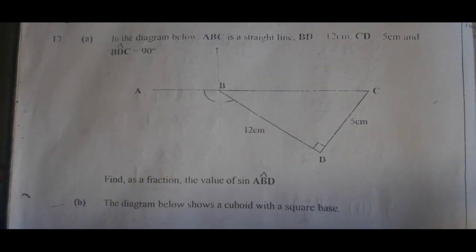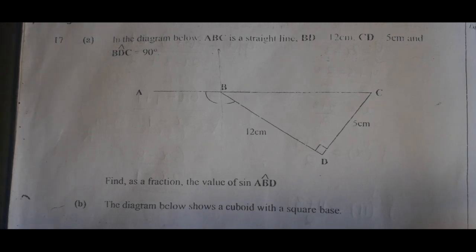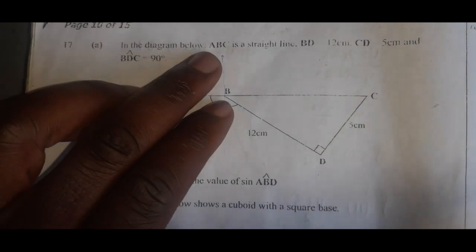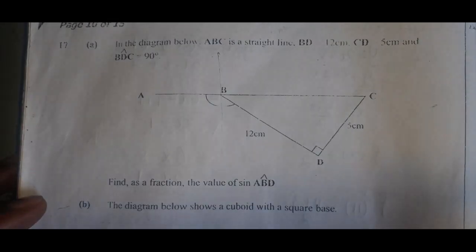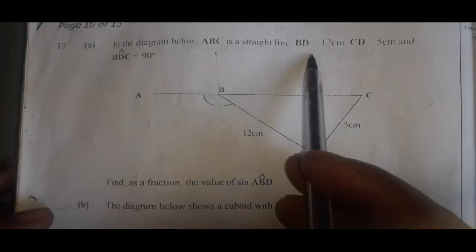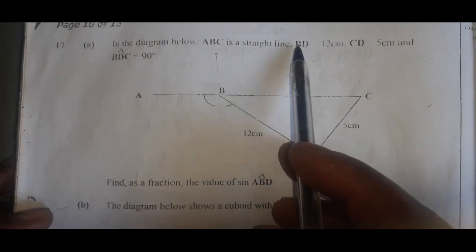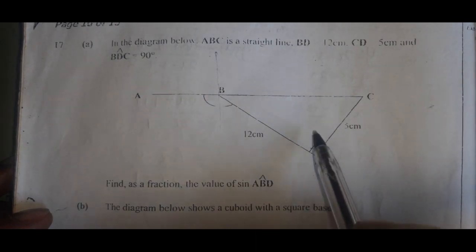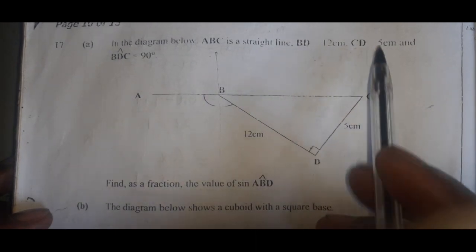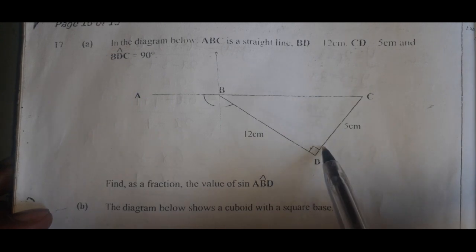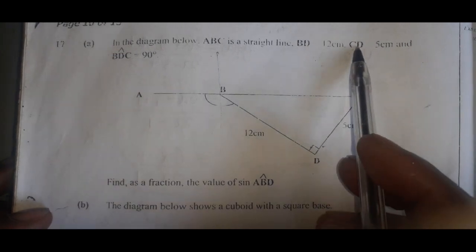Okay, so we come to question 17a. In the diagram below, ABC is a straight line. BD is equal to 12 centimeters. This is CD.